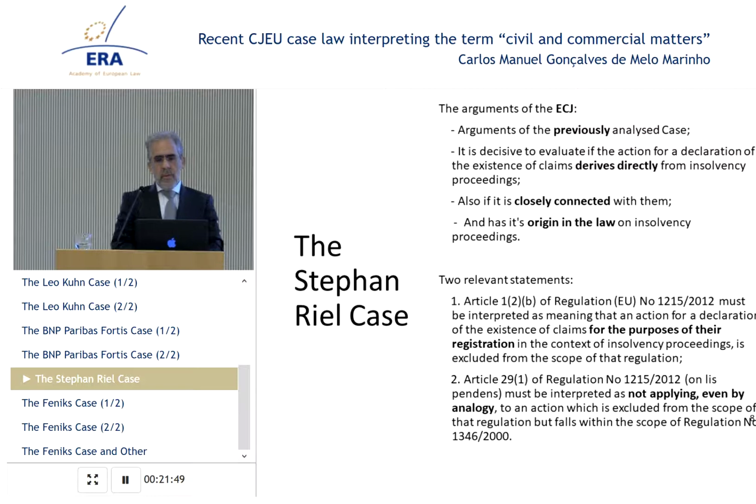The court made 2 relevant statements that you see on the slide. The first one is that Article 1(2)(b) of Regulation Brussels 1A must be interpreted as meaning that an action for a declaration of the existence of claims for the purposes of their registration in the context of insolvency proceedings is excluded from the scope of that regulation. Why? Registration of claims in the context of an insolvency proceeding.